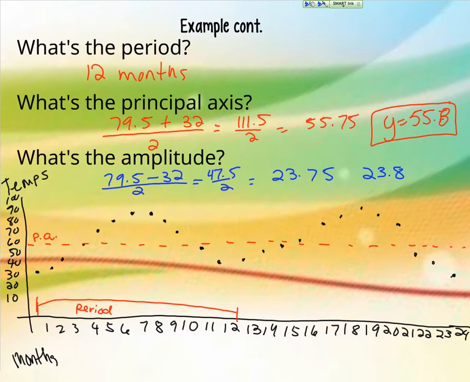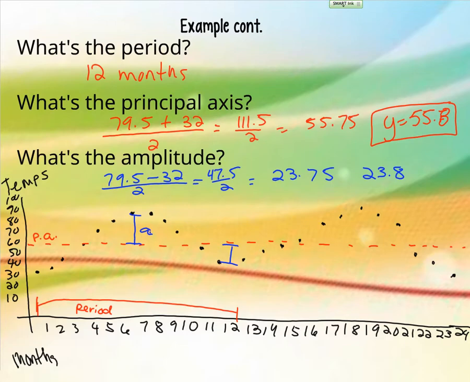That is the distance from the top down to the principal axis. That's our amplitude. So that's about 24 for right now, a 24-degree difference from the middle to the top. And this should be the same. Again, mine looks a little off because of the smart board, and the principal axis is slanted. Hopefully yours is a little bit closer, but if you want, you can pull out a straight edge or what have you.